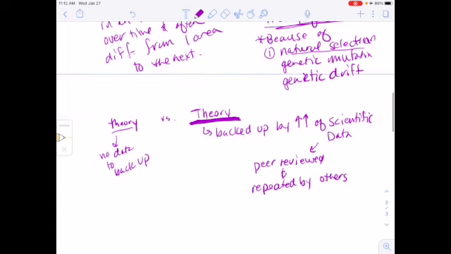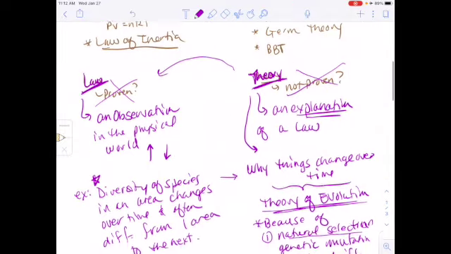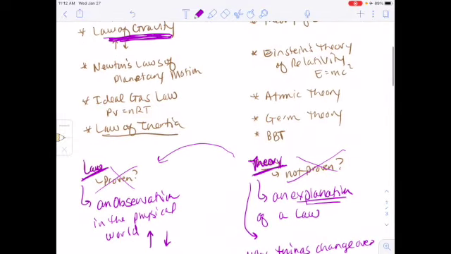All right, so I'm pointing this out because of things like the theory of evolution and germ theory, which states that human disease is actually caused by pathogens, by microbes we can't see. This is accepted as fact in the scientific community, that microbes can and do cause human disease.